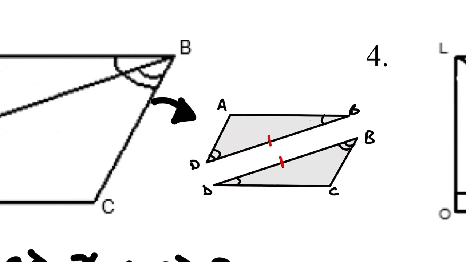All right. So what I'm looking at is an angle, a pair of corresponding congruent angles, another angle, another pair of corresponding congruent angles, and then the included side.